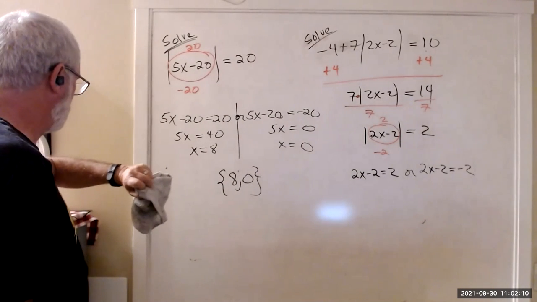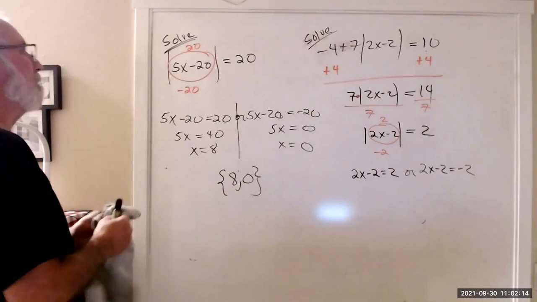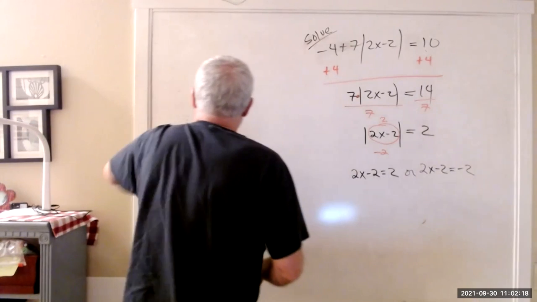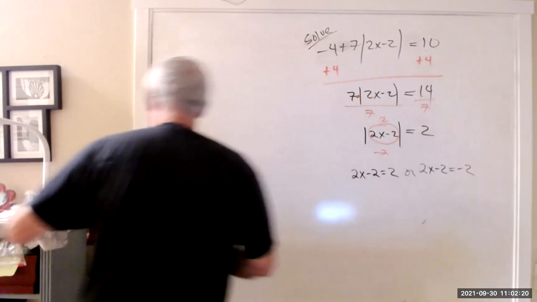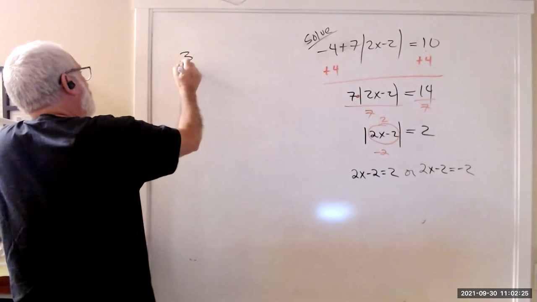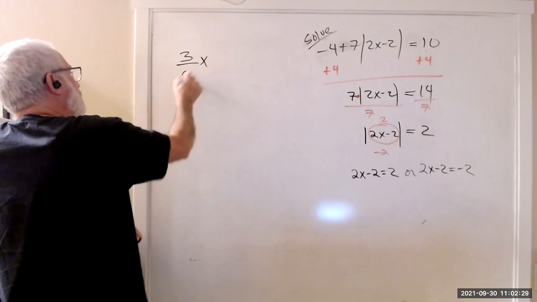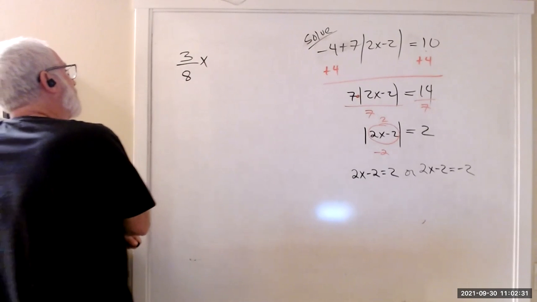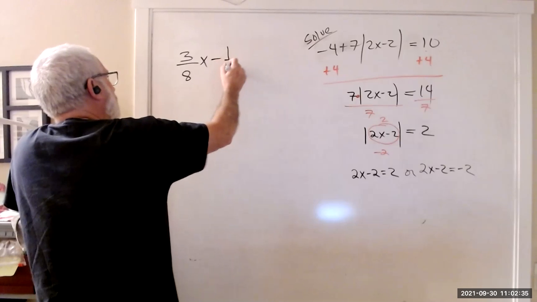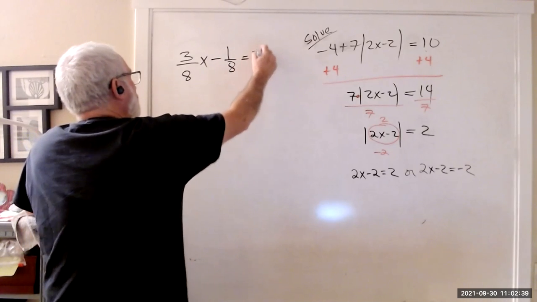All right, you got more? I have one more. It's a fraction. Okay, shoot. It's 3/8x minus 1/8 equals negative 1/6.